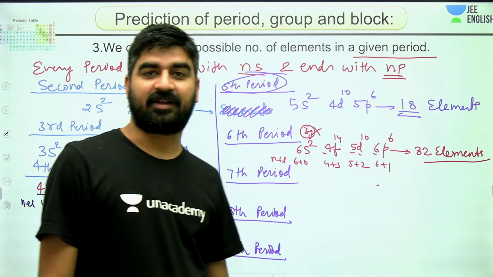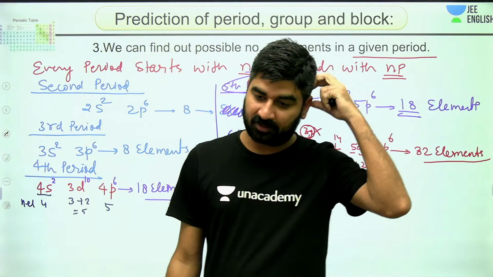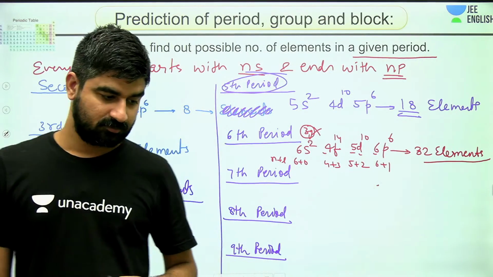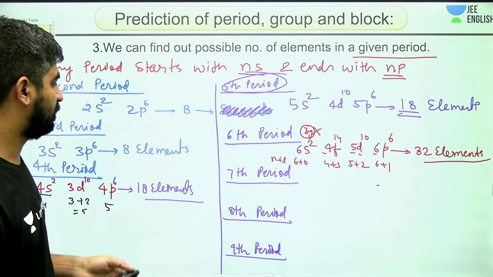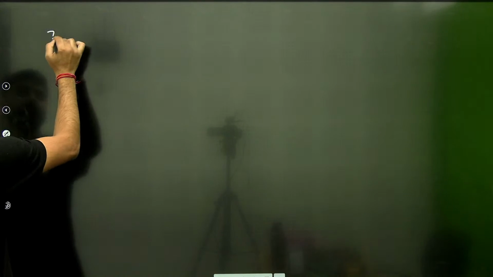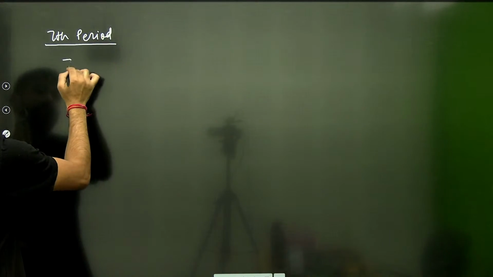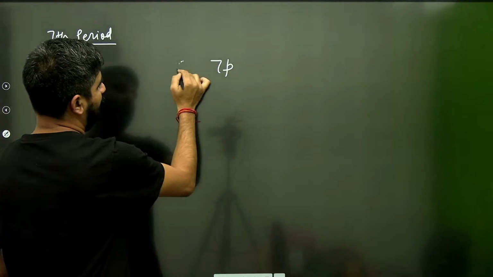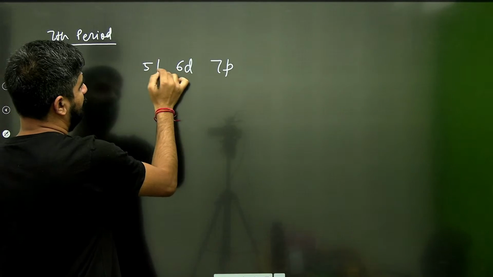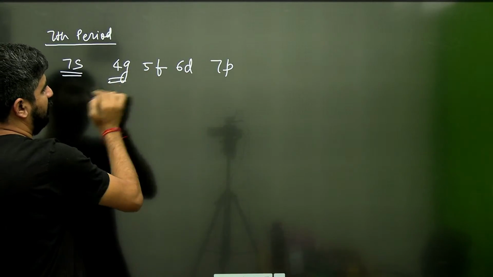Yes, Nehanshu, you are right. What about the seventh period here? Tell me. So for the seventh period, let me take it here. Seventh period, it will start with the 7s and it will end with the 7p. Now I will write 6d, 5f, 5g, 4g. Is it possible, guys?